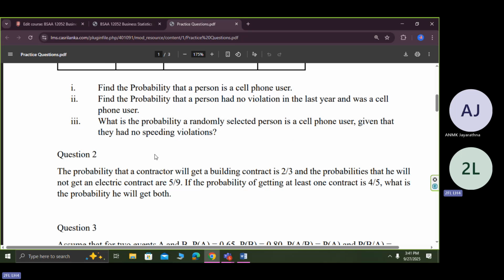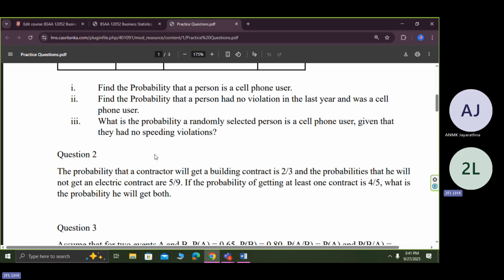It means these two events do not occur together. 'And' means joint occurrence is there, but here it says 'given that'. It's clear? First we identify that the particular person had no speeding violation. Finally, we find out whether he or she is a cell phone user.